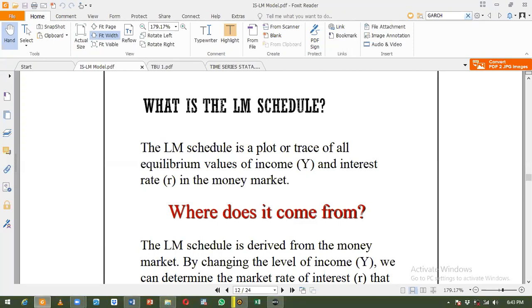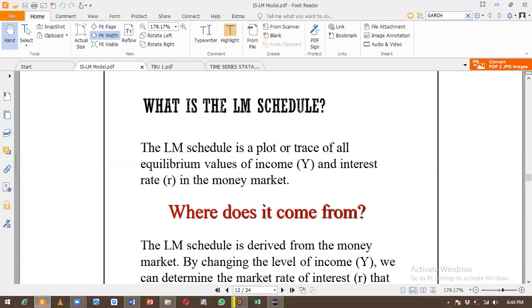It is positively related to income, which means with an increase in the individual's income, we tend to hold more money. Interest rate is inversely related to money demand. With a higher interest rate, people rather go in for interest yielding assets, but when interest rates are low, they tend to hold money instead.